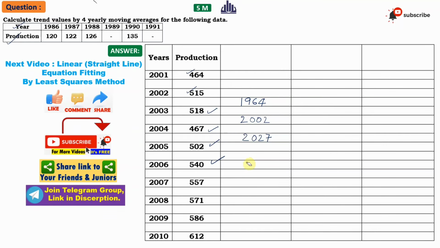Further, if we calculate in the similar way, we are going to get, so these are the 4 yearly moving totals. So let us write the heading. These are 4 yearly moving totals.